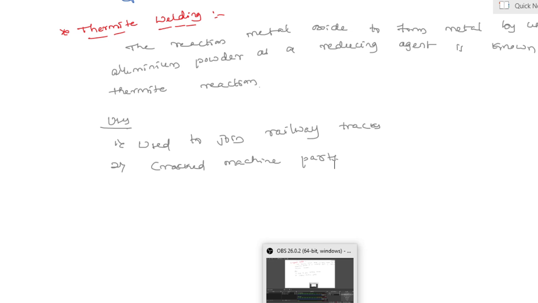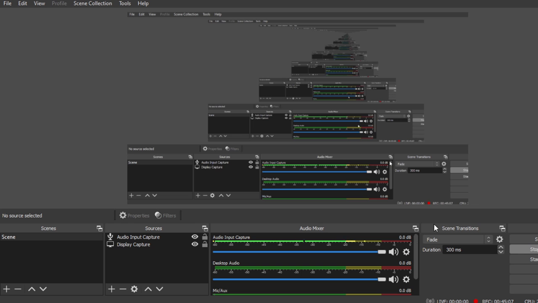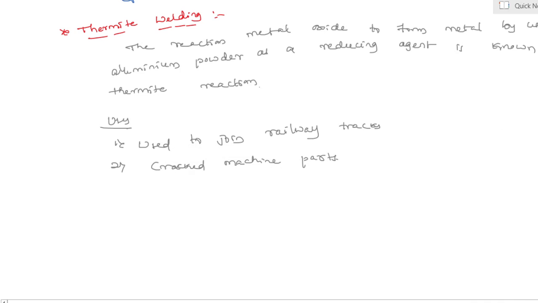Yes, my dear students, this is termed as what? A thermite process.